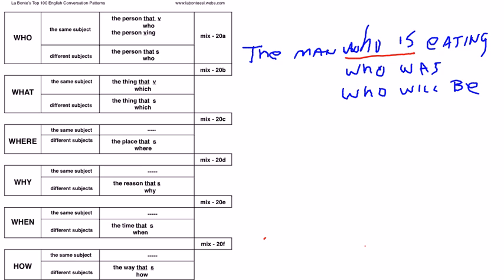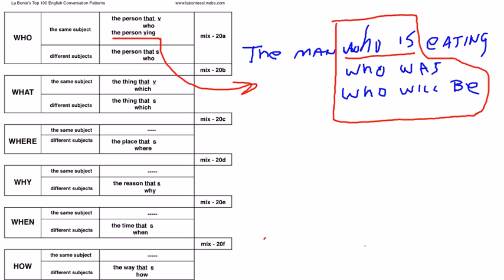You'll see in the same pattern here a short version. The short version comes from this: the man who is eating, the man who was eating, and the man who will be eating. Present, past, and future. So this pattern is used so much it just gets shrunk. The man eating.